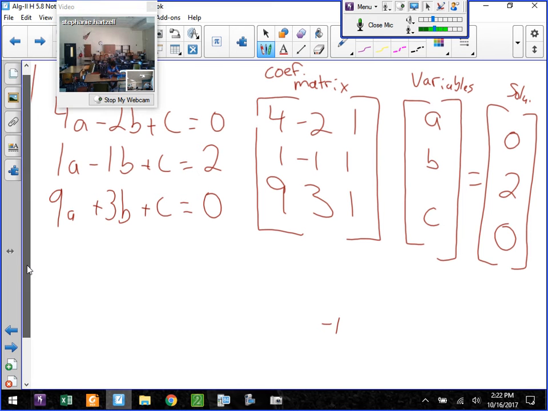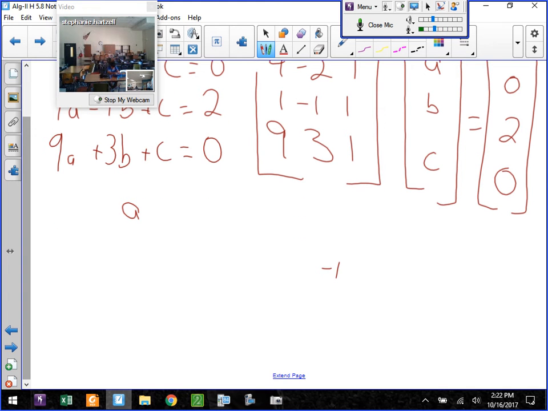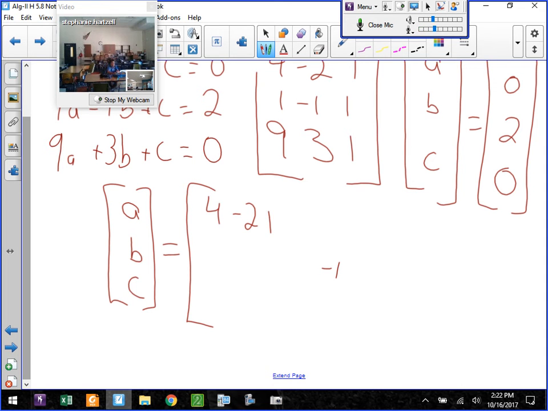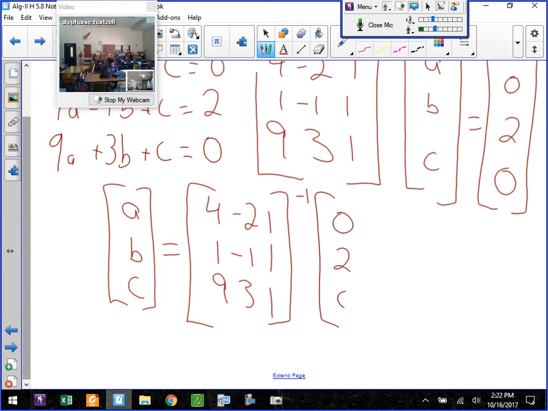So our answers here will become this A, B, and C, what we call a column matrix, because there's just one column, and will equal our coefficient matrix, 4, -2, and 1, 1, -1, and 1, 9, 3, and 1, to the -1 power, times 0, 2, and 0.